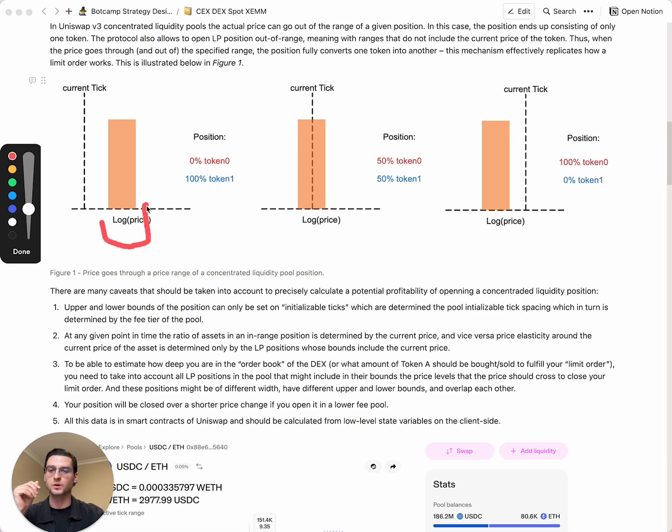When we start, our liquidity is just sitting in Ethereum, but as the price increases and passes through our position, we end up with just USDC in our position, and this basically allows us to treat this as a limit order because we specify the price, and when the actual price of the market passes through that, we sell our token. The mechanics of it is pretty involved.